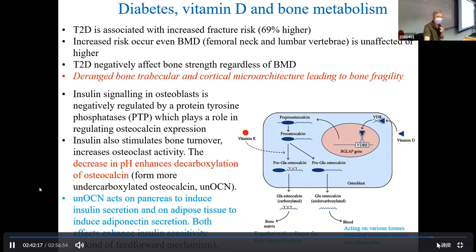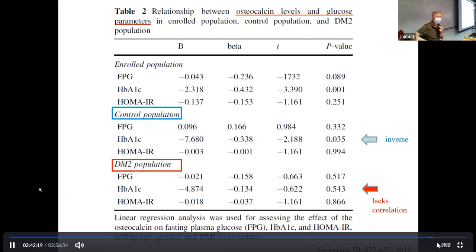Now, before we go to the diagram, this is just to indicate what kind of data we have. The relationship between osteocalcin level and glucose parameters in the enrolled population, the controlled population, and the DM2 population.